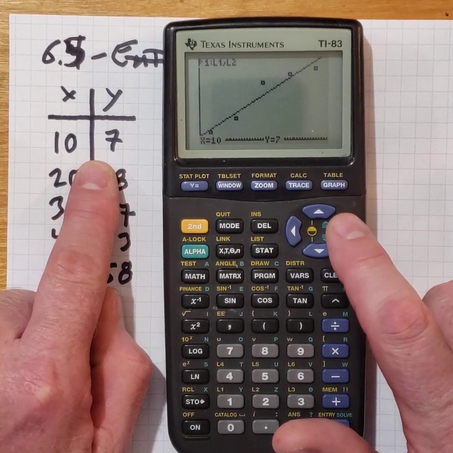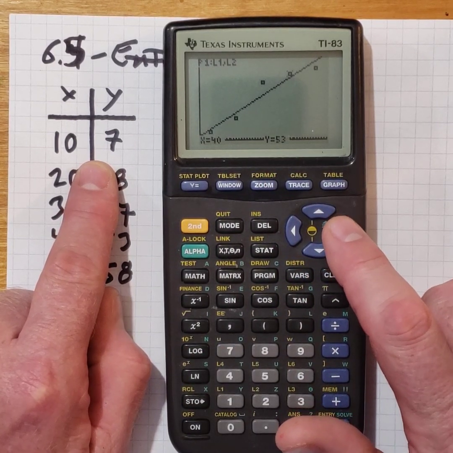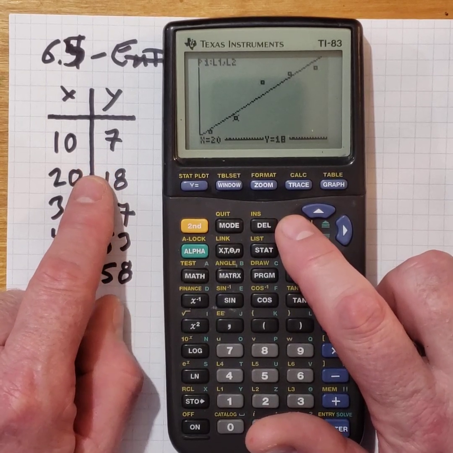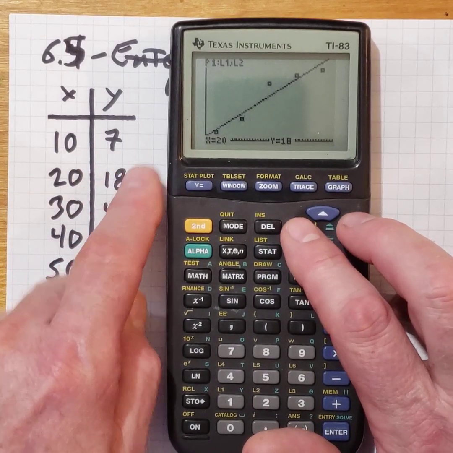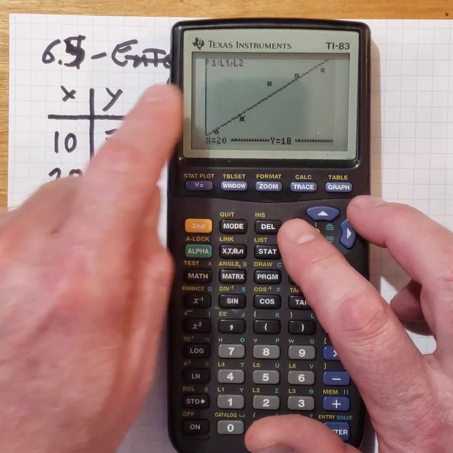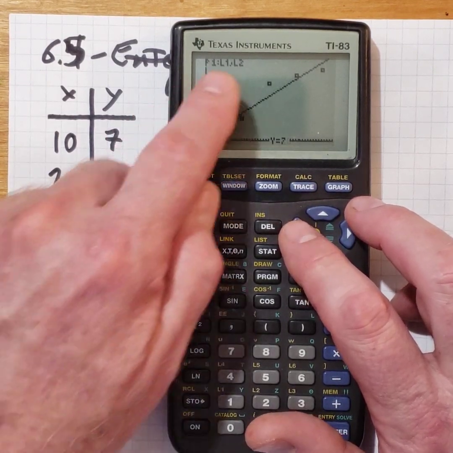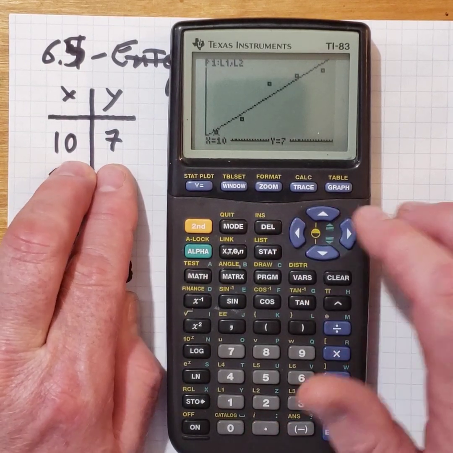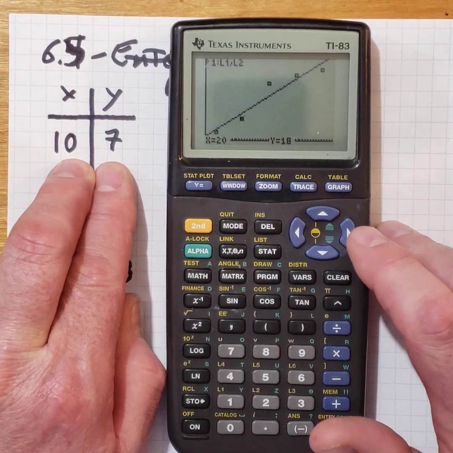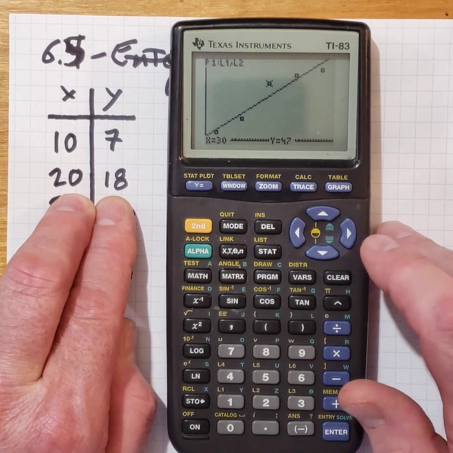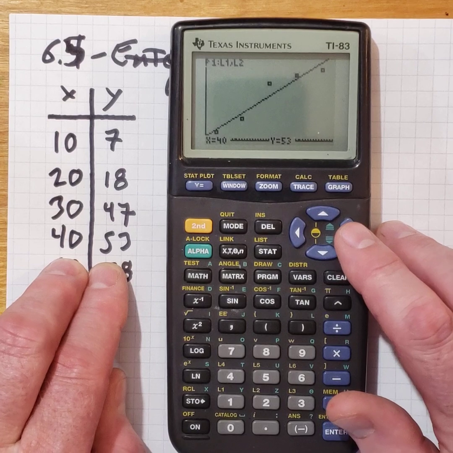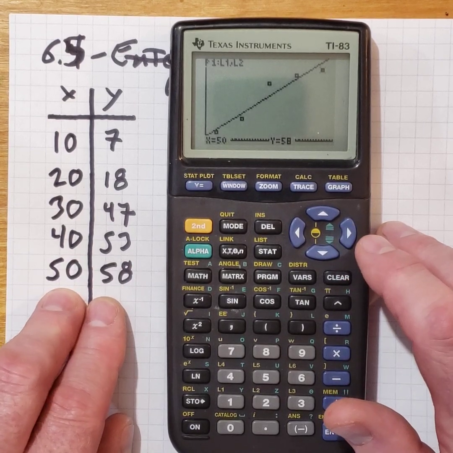And if we hit our sideways arrow, it scrolls through. The L1 and the L2 tell us where the numbers are coming from, 10, 7. Then you hit the arrow and it goes to 20, 18. Arrow again goes to 30, 47, etc. And you can scroll through those individual points.